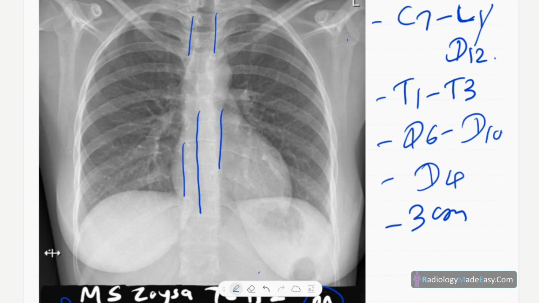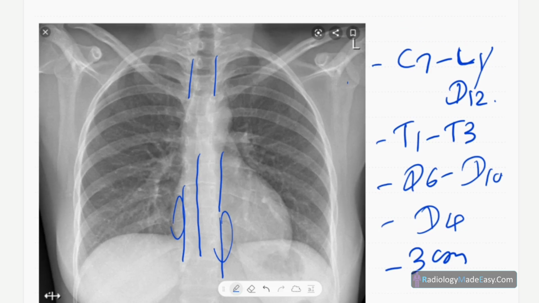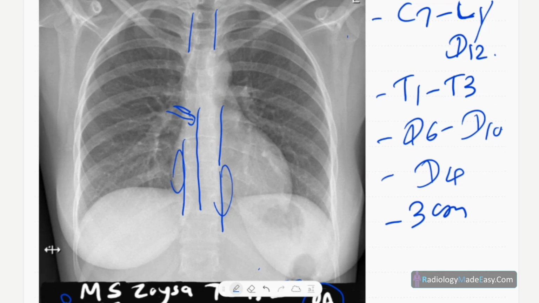And these are the right paraspinal line and left paraspinal line. So in mass lesions, there will be swelling of these lines and deviation of the recesses. So this is the esophageal recess. So those are the things you have to look for.